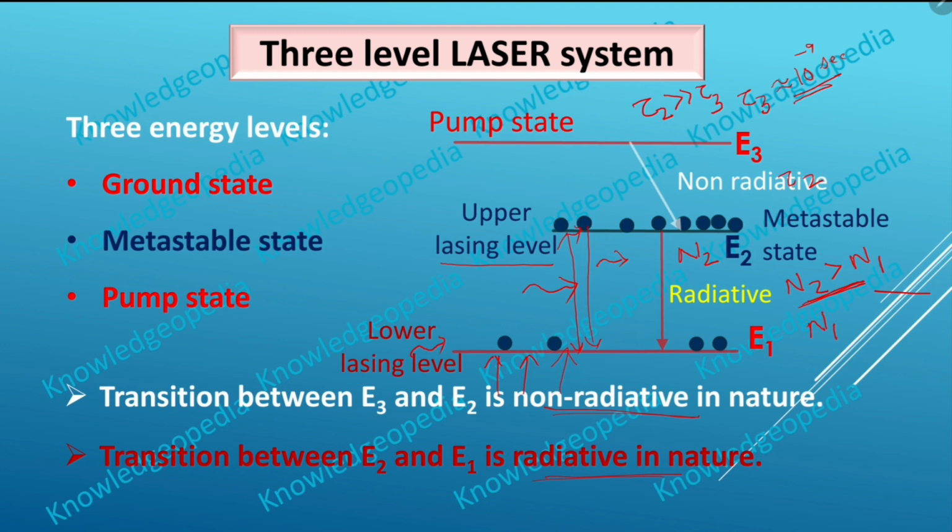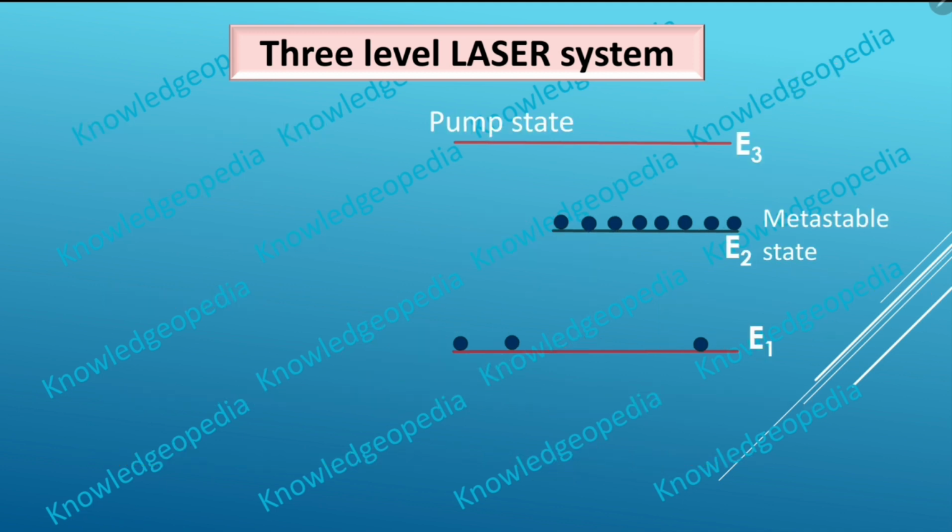Thus, we have seen that in a three-level laser system we can obtain population inversion and hence lasing action, right? Here the metastable state acts as the upper lasing level and the ground state is the lower lasing level. Let us look into the output of this three-level laser system.